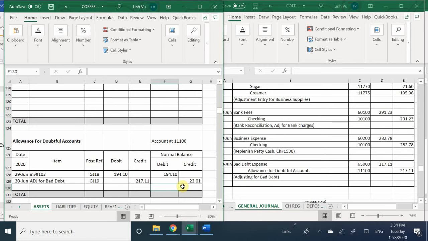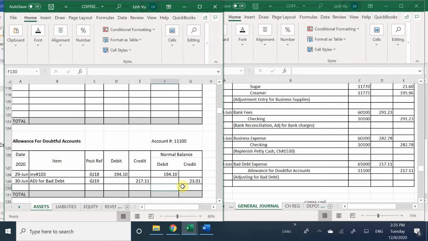You see how the estimated amount is going to be your total ending balance. Because we have an existing balance in the allowance for doubtful accounts, meaning we have more than 5% of our accounts receivable, we need to include that in writing off our bad debt because we have a pending uncollectible debt. Does that make sense? Every time you have an estimated amount when you're doing a bad debt expense, your estimated amount should always reflect the ending balance in your allowance for doubtful accounts on the credit side.